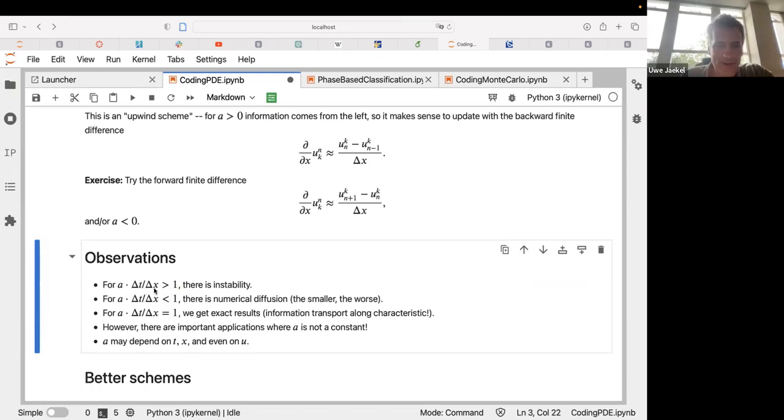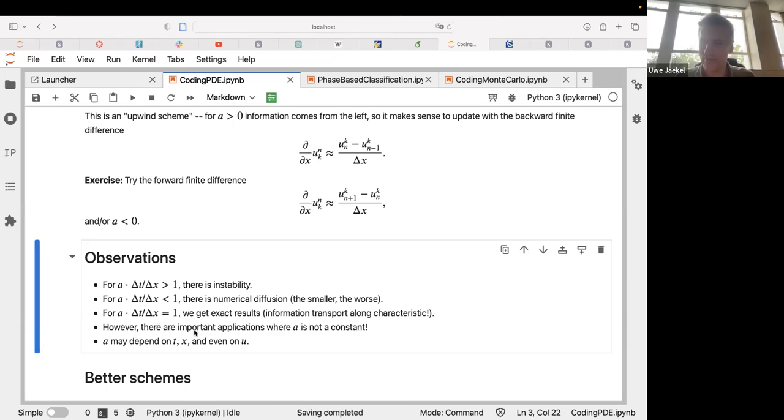So this dimensionless number, if this is less than 1, there will be numerical diffusion. If it's exactly 1, we actually get the exact solution for this case. But if A is dependent on, for instance, the position, which may happen, then this is not achievable on the whole grid.